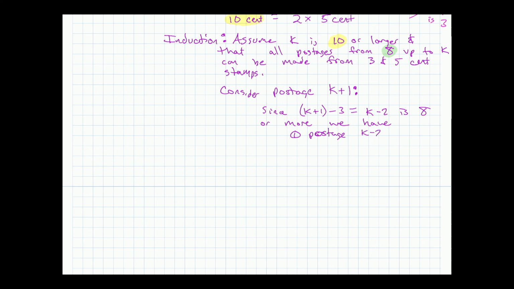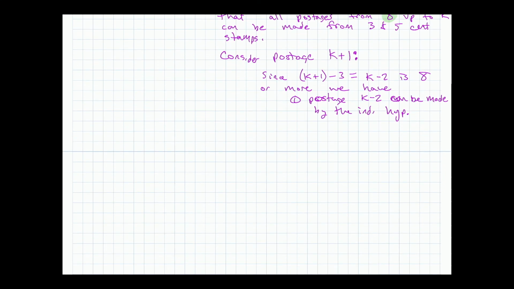Postage K minus 2 can be made by the induction hypothesis, because it's 8 or more. Actually, I wanted 2 facts here.